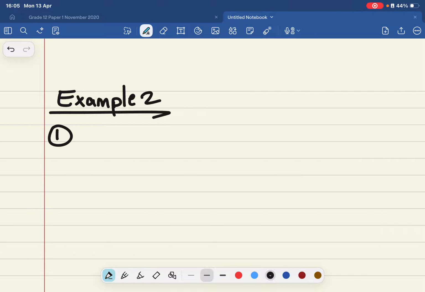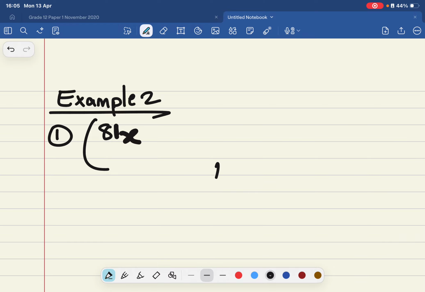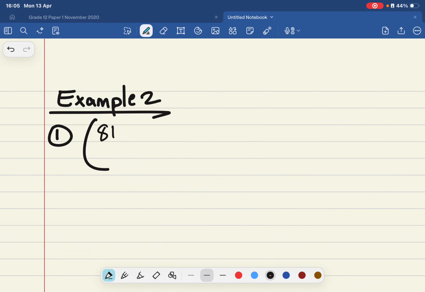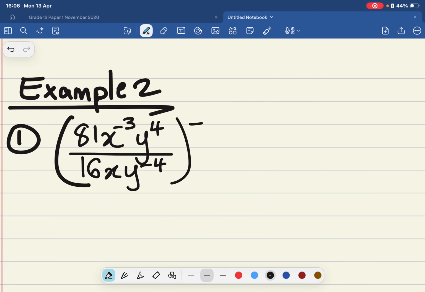Number 1, you are given 81 x to the power of negative 3, y to the power of 4, all over 16 x y to the power of negative 4, all to the power of negative 3 over 4.